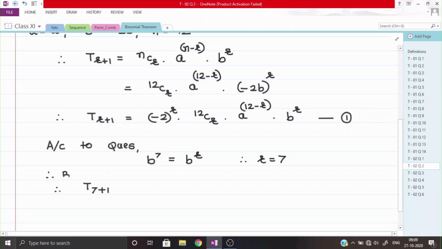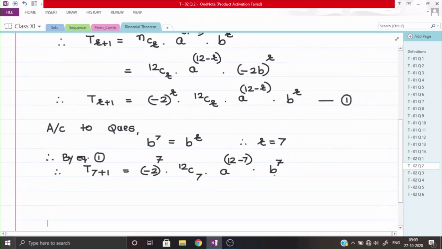Here I forgot to write down, therefore by equation 1, T(7+1) is equal to (minus 2) whole power 7 into 12C7 into a to the power 12 minus 7 into b to the power again 7. Now let us simplify.